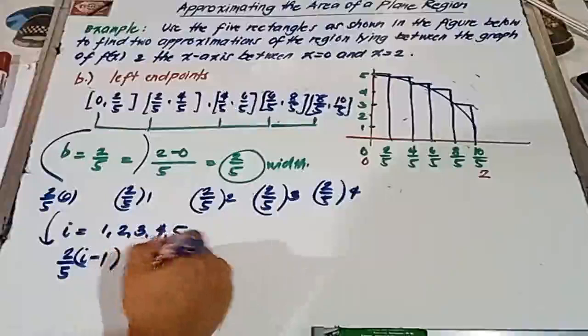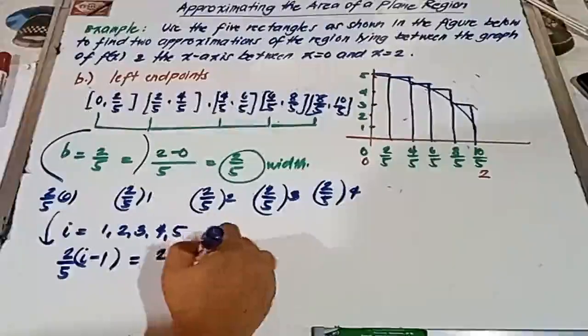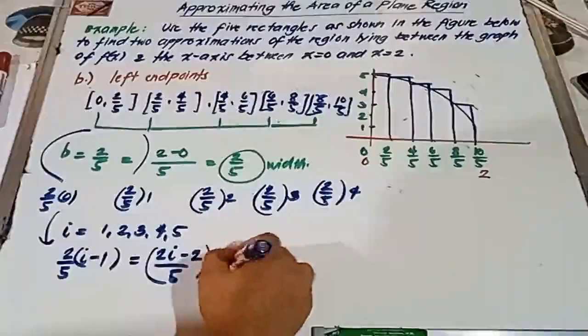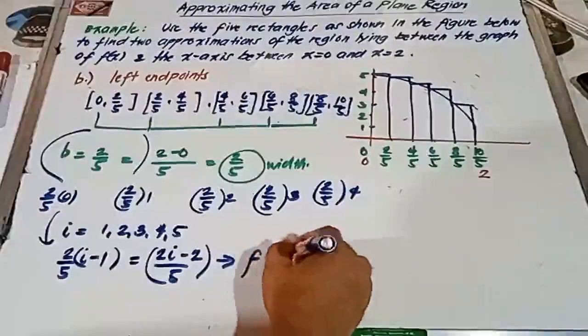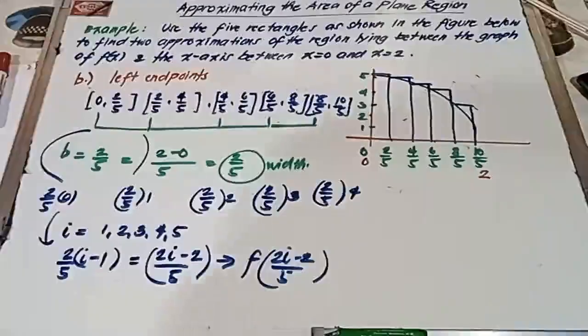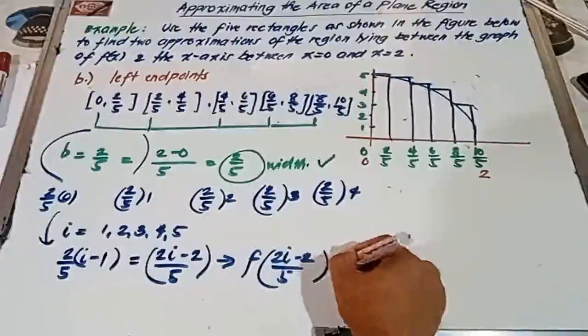So, this is equal to (2I minus 2) over 5. And it represents f of (2I minus 2) over 5 for the height of our rectangle. So, meron na tayong width, meron na tayong height.